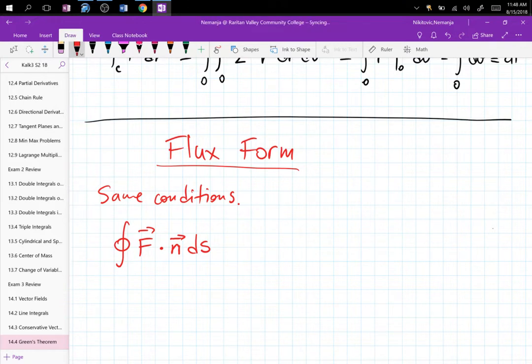I asked you to think of a fan that has the surface area pushing the vector field called the wind perpendicular to the surface of the fan. Flux is how much stuff is coming out of the area. If you have the end of the hose, how much water is pushing perpendicular to the flat cut of the hose, right? So that's what the flux is, just how much stuff is propelled.